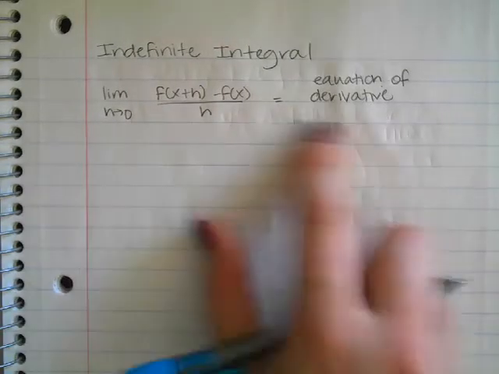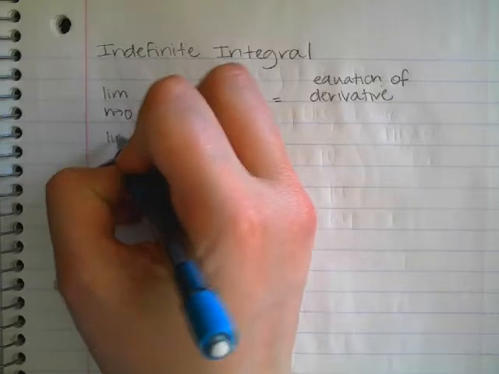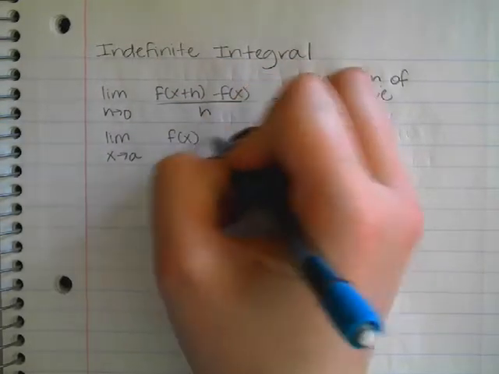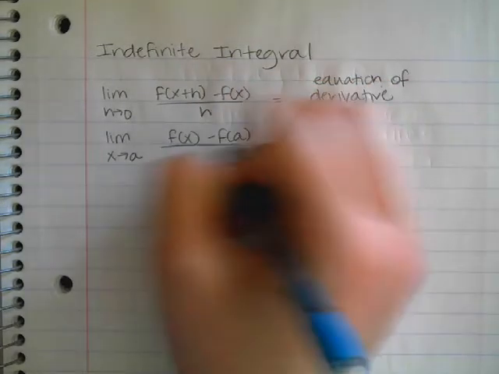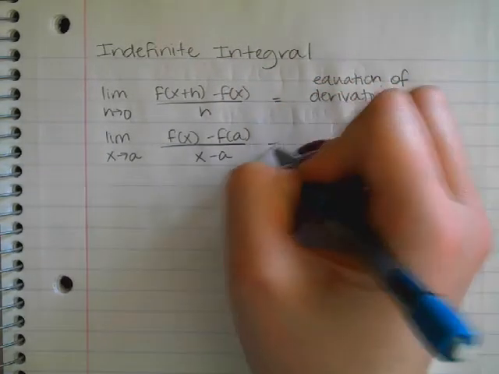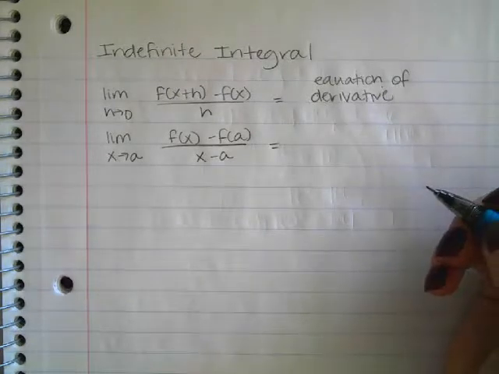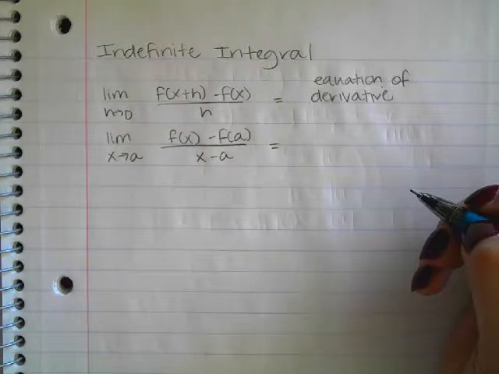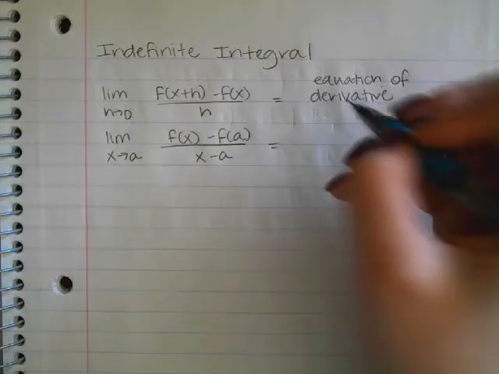So this is kind of general. Then we have the limit as x approaches a of f of x minus f of a over x minus a. This was also the derivative, but let's be more specific about it. It's the derivative at a point.